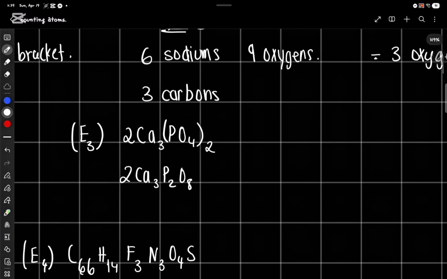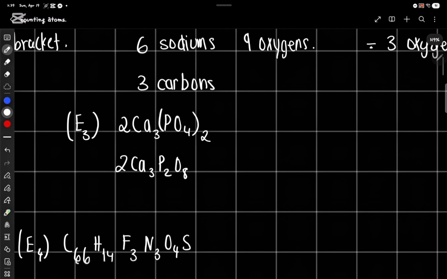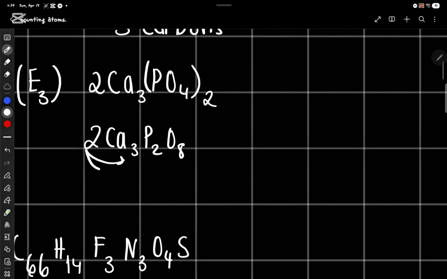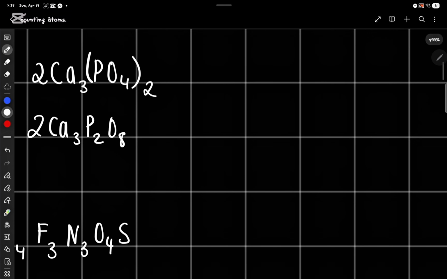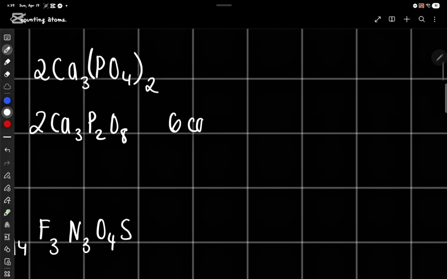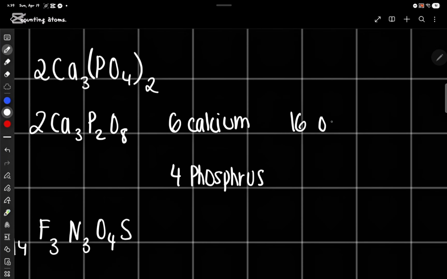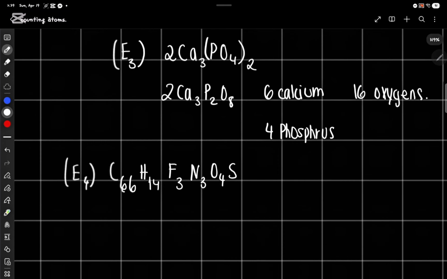Now it's similar to this question, just distribute the 2 to each of these elements' subscripts. That will give us 6 calciums, 4 phosphorus, and 16 oxygens. Okay.